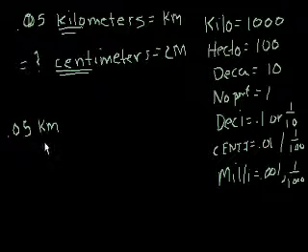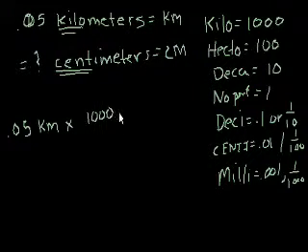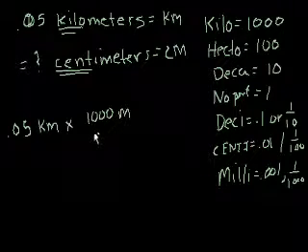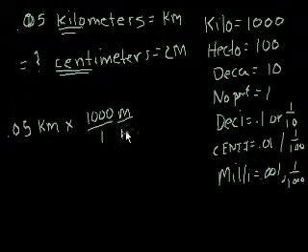If I want to convert this into meters, is it going to be more than 0.05 meters or less than 0.05 meters? Well, a kilometer is a very large distance. So in terms of meters, it's going to be a much bigger number. So we can multiply this times 1,000 meters, and I'll do it over 1 per kilometer.